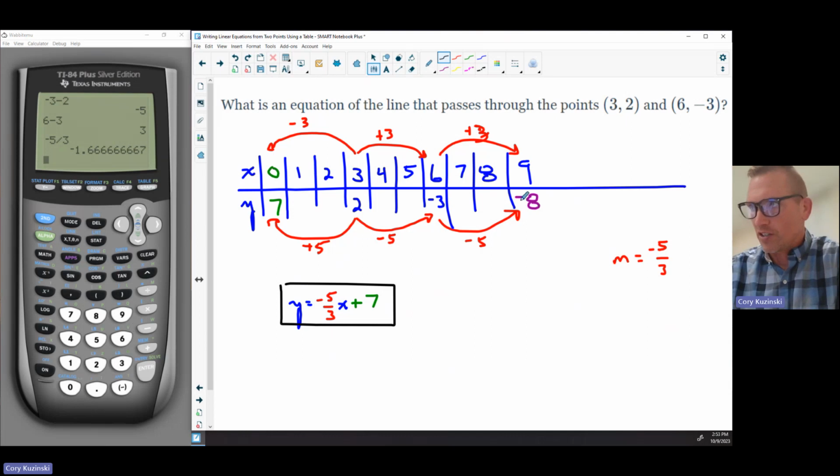Now, I could go to this -3, and I could think, if this is increasing 5/3, I could add 5/3 to it. There's the value that goes with 7, -1.3 repeating, and then 0.3 repeating. Something went wrong here.